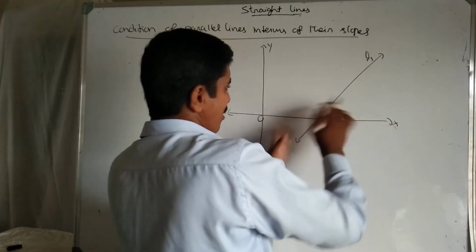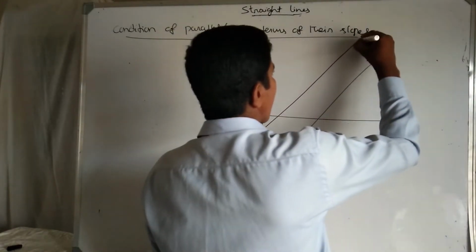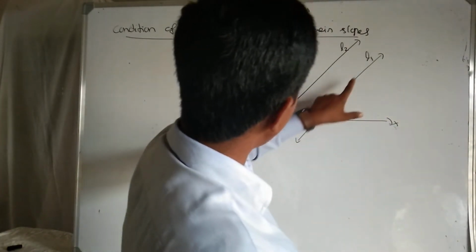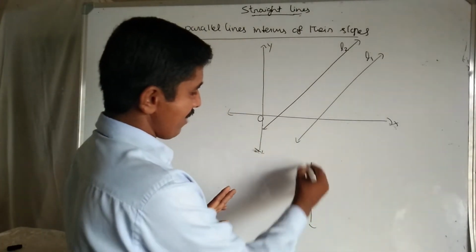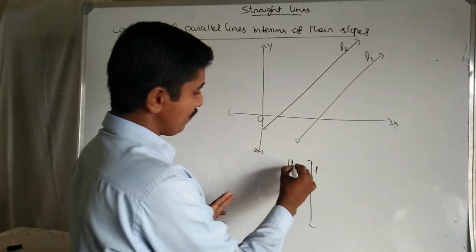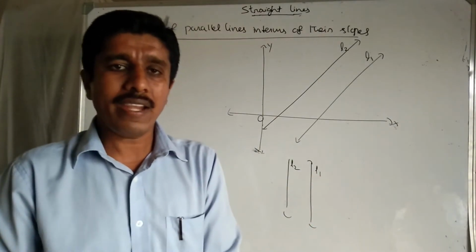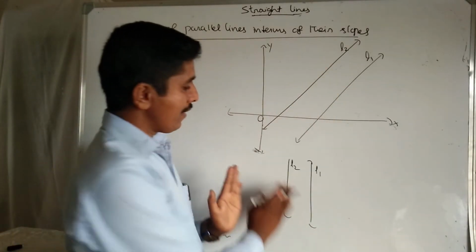Take the second line parallel to L1. This is line L2. Clearly, L1 and L2 are parallel. Don't take vertical lines, because the slope of a vertical line is not defined. Therefore, take two non-vertical lines. These two are parallel.